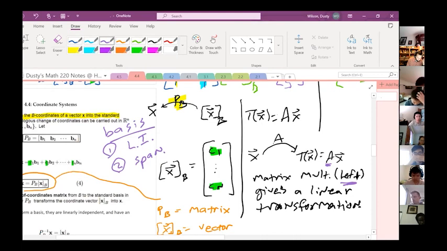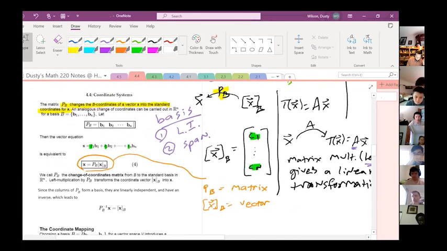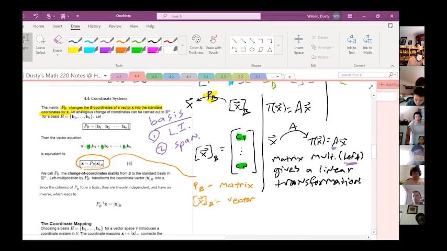So when we come back here and it says left multiplication by PB transforms the coordinate vector XB into X, it's this same stuff we've been talking about. Since the columns of PB form a basis, they're linearly independent.